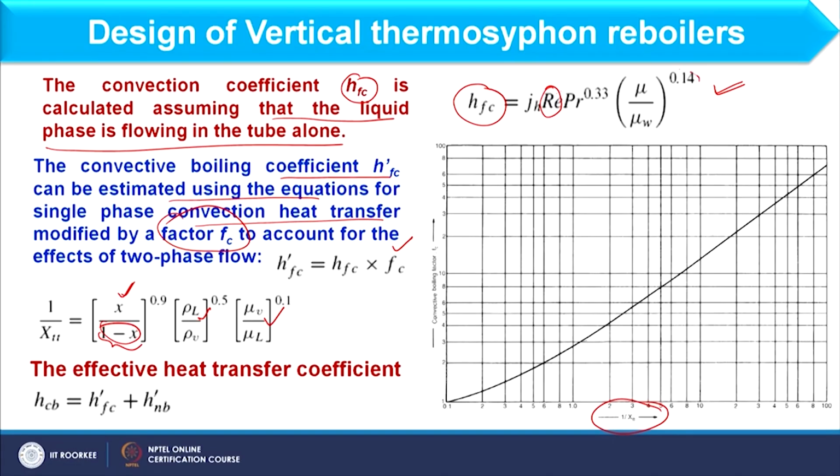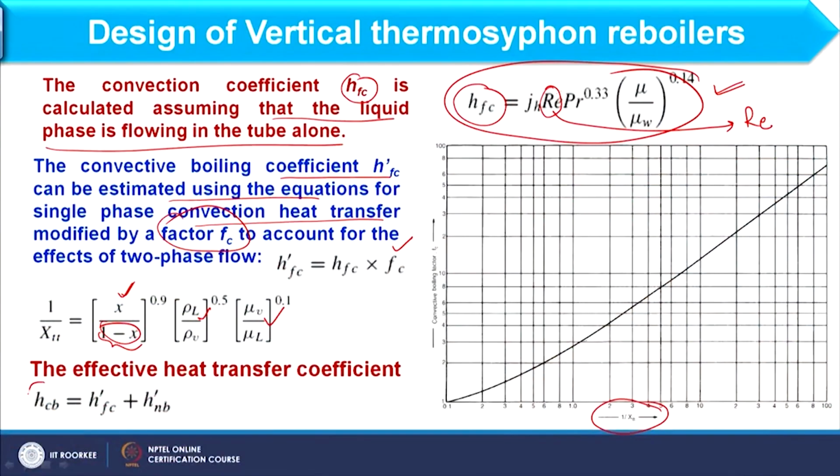So, we will use this expression as it is, with the change that this Reynolds number corresponds to the complete feed, not 1 minus x, as we considered in HFC dash. So, this Reynolds number will change and you can find the HFC value at the inlet of the reboiler.